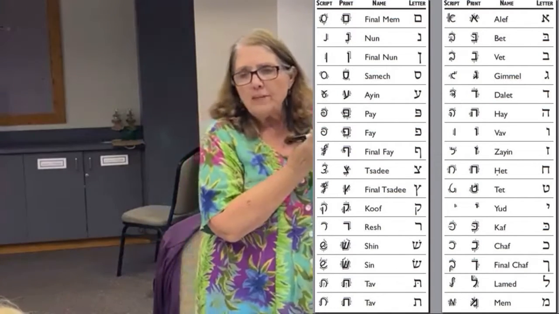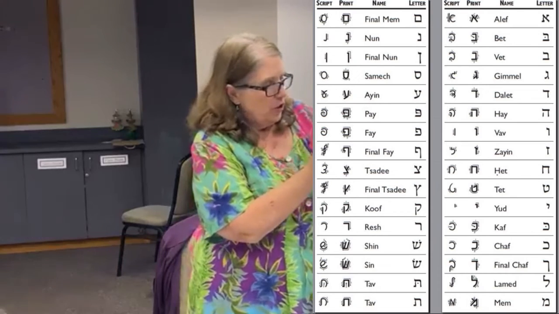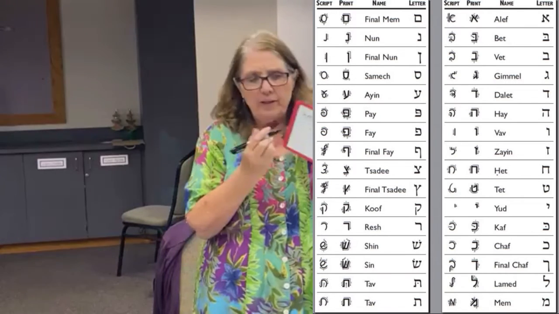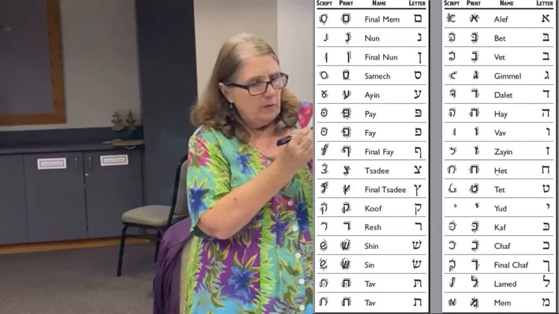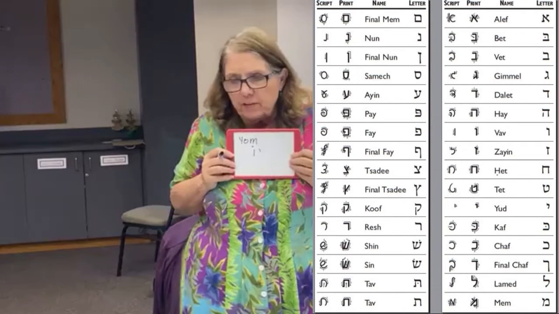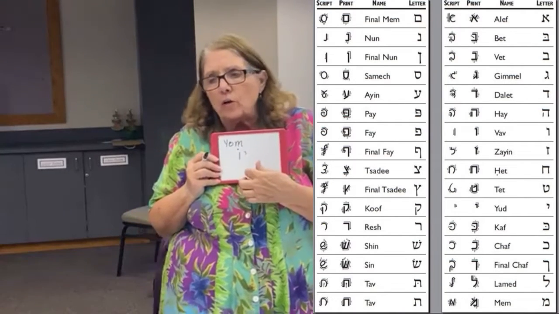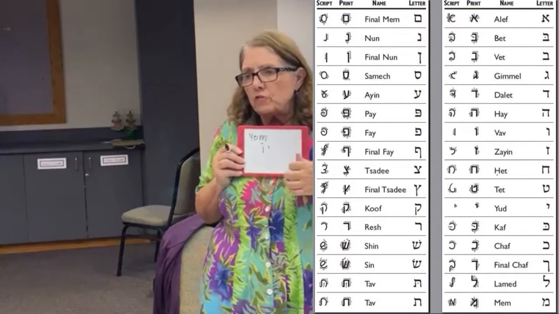Okay, what's the Y sound? It would be like this. The O is long with a dot. This one for sure, they have the holam and vav on this. You would not just put a dot.